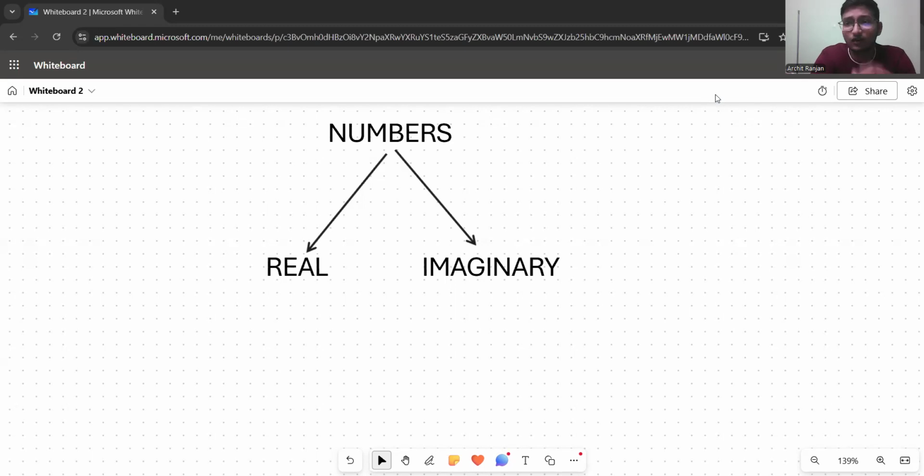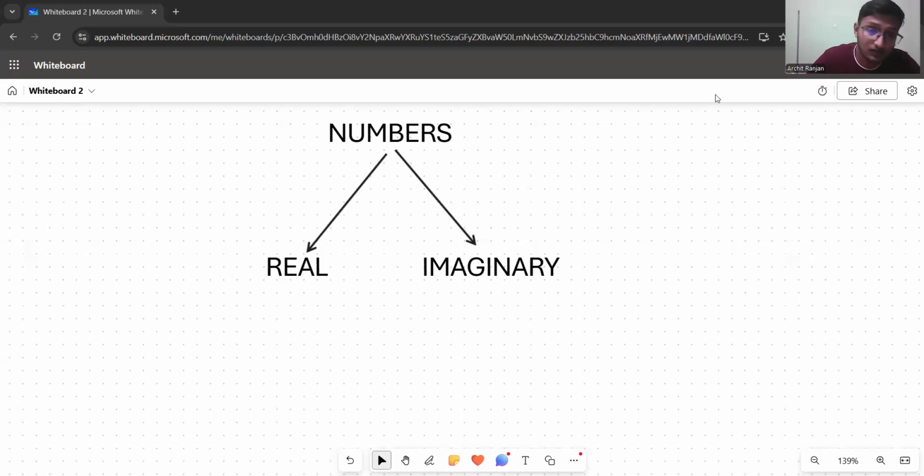And so we'll first see what numbers we have seen so far in our earlier classes, from way back in class 1 to UKG. We have used so many numbers. They now will be divided into real and imaginary. Right. So real numbers are all the numbers that you have seen so far in your life till now.